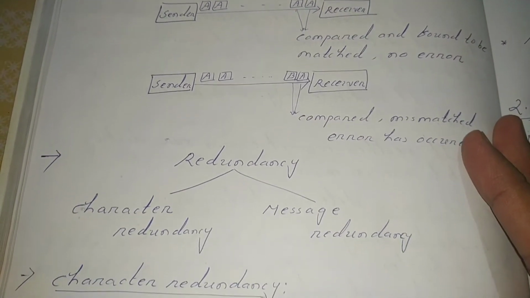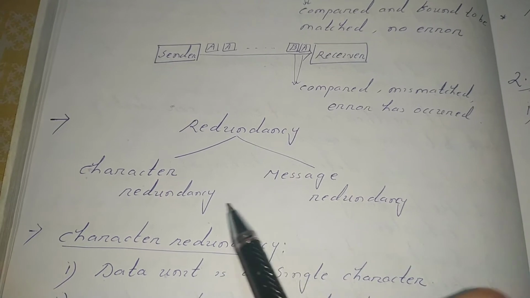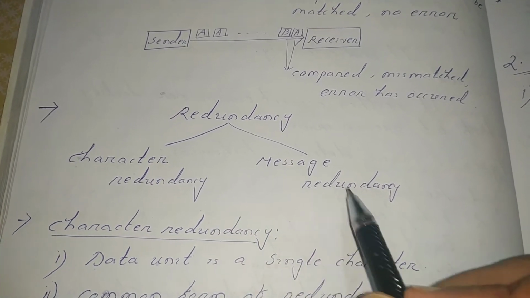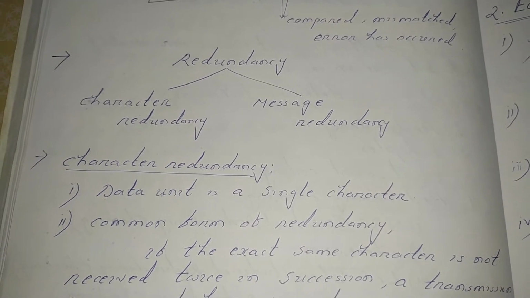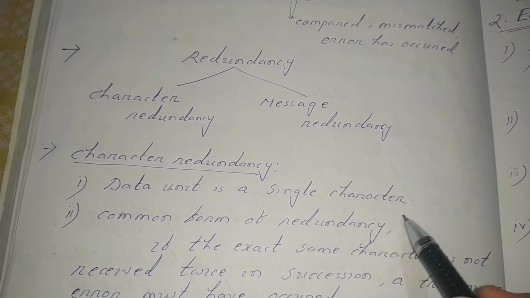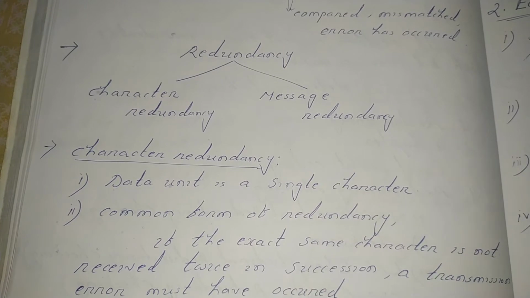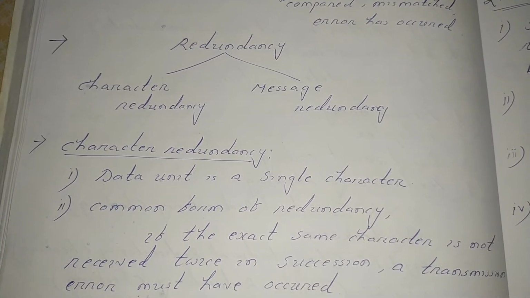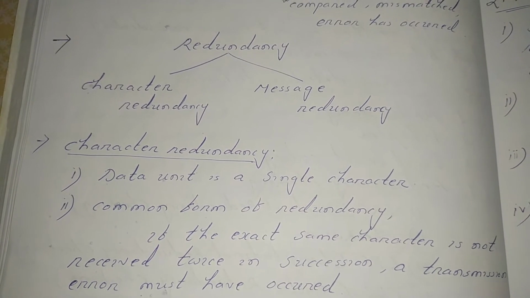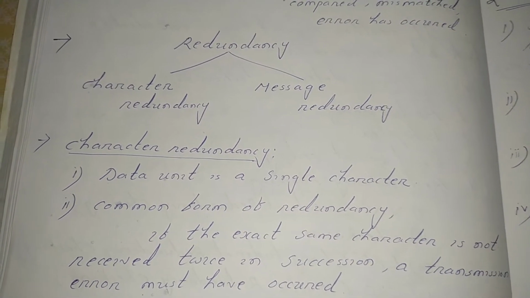Again, redundancy error techniques are classified into two types. One is character redundancy, and the second one is message redundancy. As the name suggests, in character redundancy the data unit is a single character. If you have only one character to send and that single character is sent more than one time, that is called character redundancy.